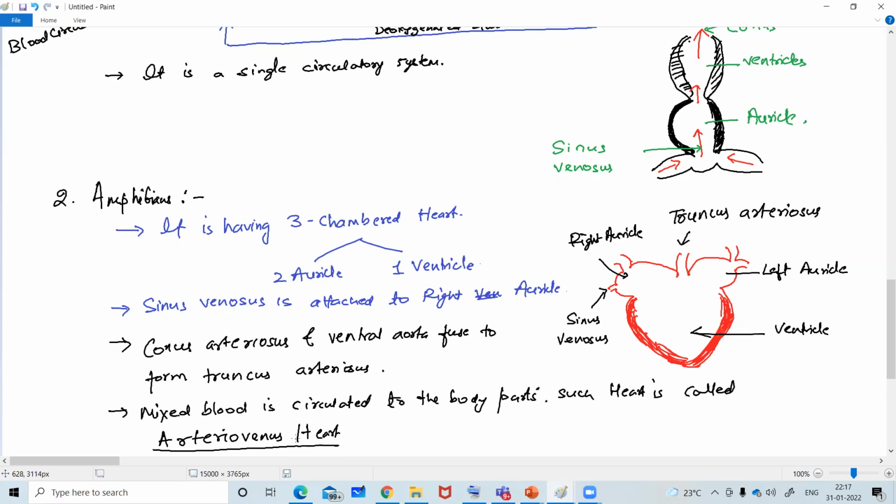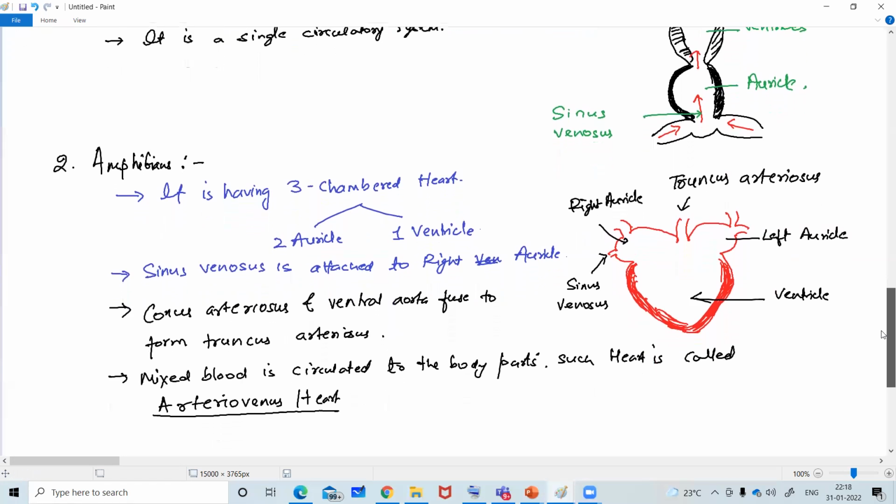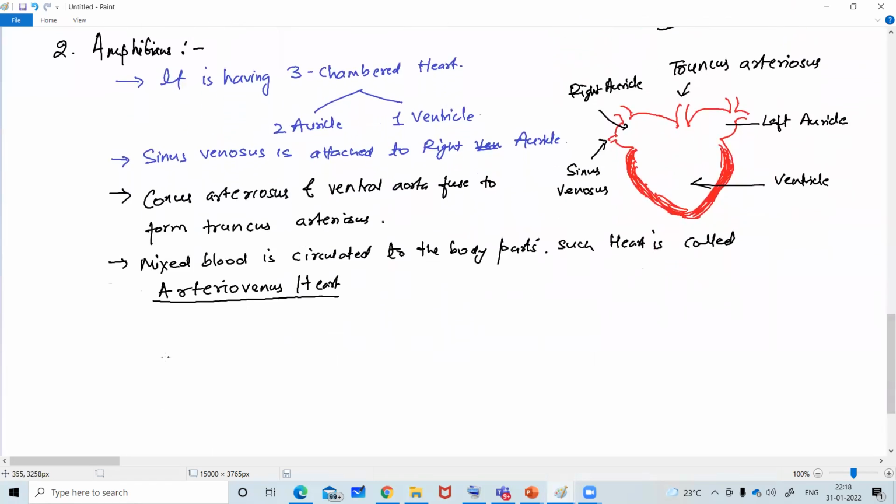So that kind of circulation or that kind of heart which has a mixed blood circulation, we call them arteriovenous heart. Also, you can say that this heart shows incomplete double circulation. In a simple word, last point, that heart shows incomplete double circulation.